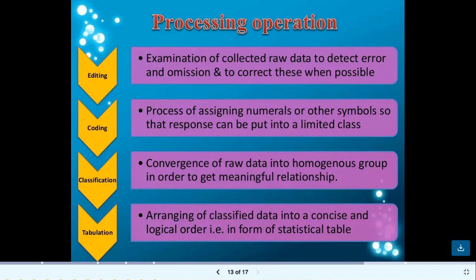Then coding: the process of assigning numerals or other symbols so that responses can be put into a limited number of classes. Classification: conversion of raw data into homogeneous groups in order to get meaningful relationships. And the last one, tabulation: arranging classified data into a concise and logical order, for example in the form of a statistical table.